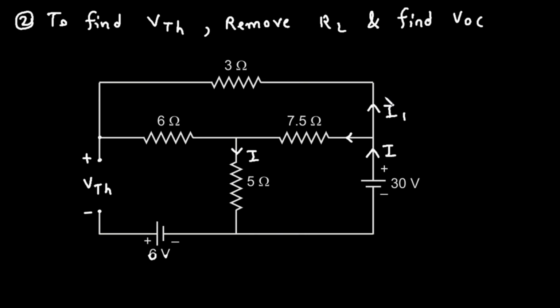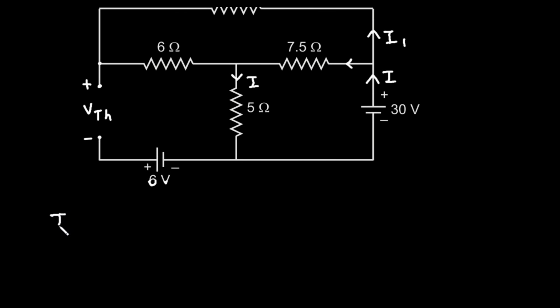We just need to find the value of this I1. Here we can use the current division rule, but before that we need to find the value of the main current I. So current I will be equal to simply voltage divided by resistance.